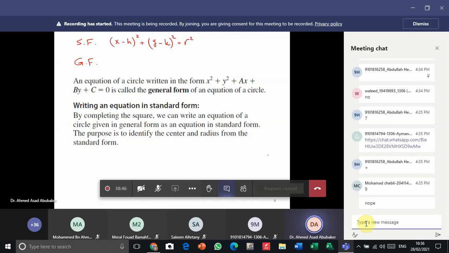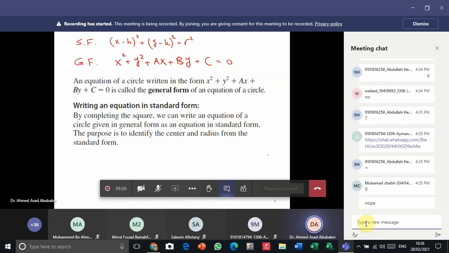The general form for the equation of the circle is x square plus y square plus ax plus by plus c equal 0. This is the general form. The coefficients of x square and y square must be equal and positive. Okay.